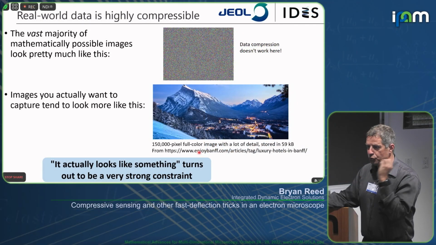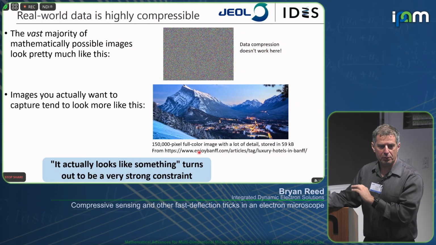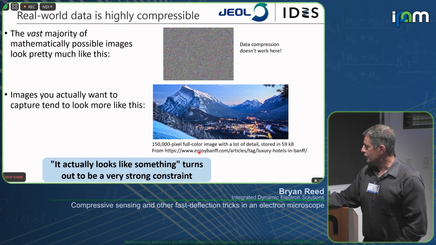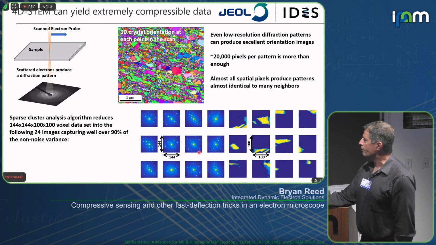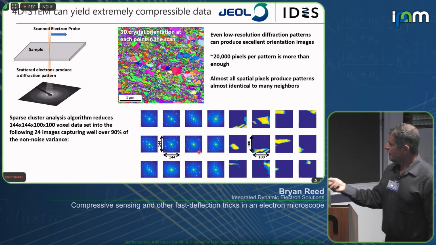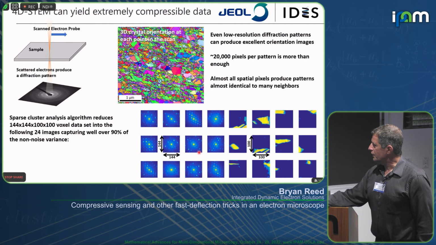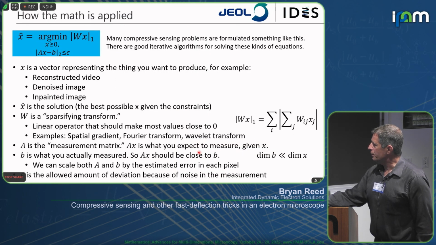If you just look at it as an unconstrained linear algebra problem, it's hopeless, it's underconstrained, what are you going to do? But these regularization tricks really work really well. And the data that comes off 4D STEM is enormously compressible. I'm actually not going to go into detail on that because it's already been talked about a bit.